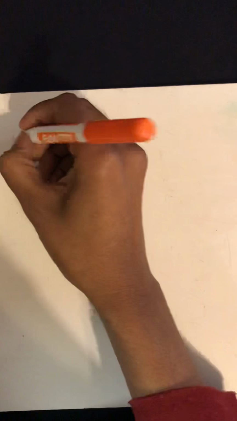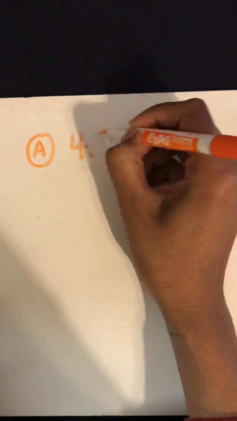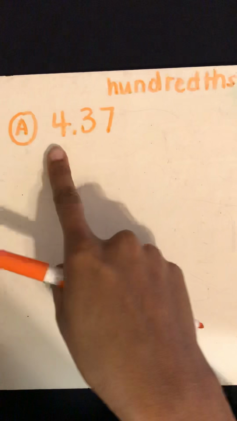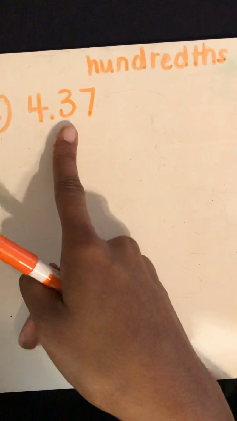So if Mrs. Harris has the number 4.37, which digit is in the hundredths place? So we know this is our ones. This is our tenths.